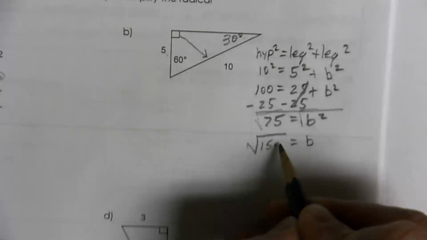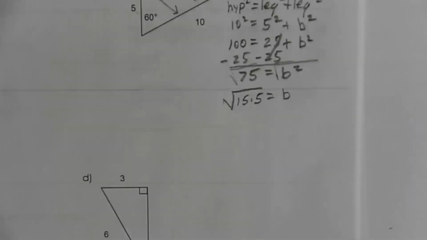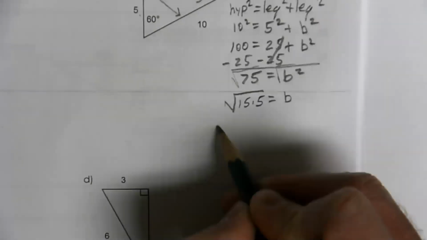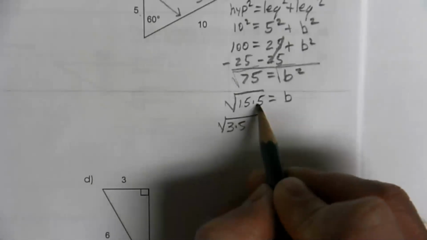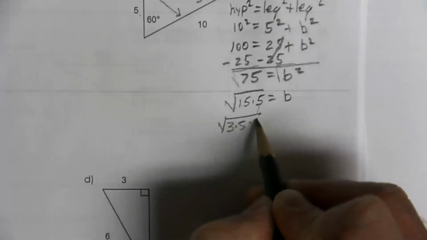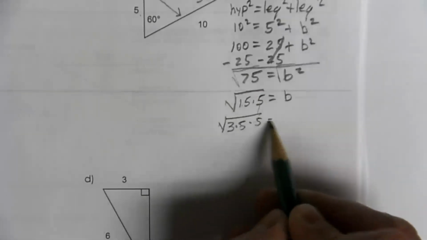The trouble with 15 and 5 is that we don't know the square root of either 15 or 5. But that's okay. We can keep breaking these down even further. We can break 15 down into 3 times 5. We still have our other 5. So that still makes 75.